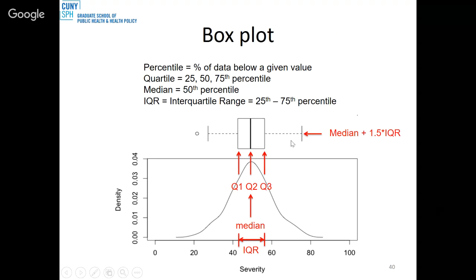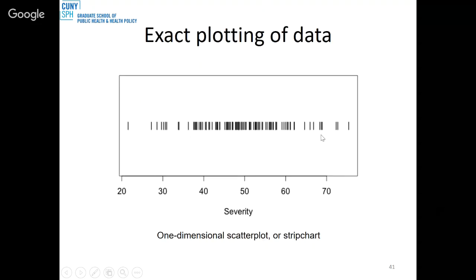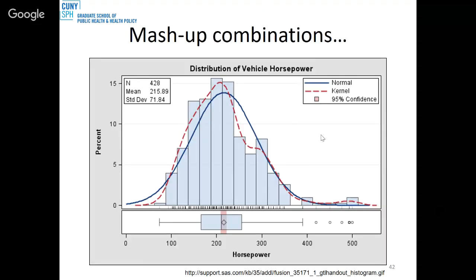These whiskers go out to the median plus 1.5 times the width of this box, the interquartile range, or to the largest data point. Exact plotting of the data, I'll skip by. That's just plotting every data point.